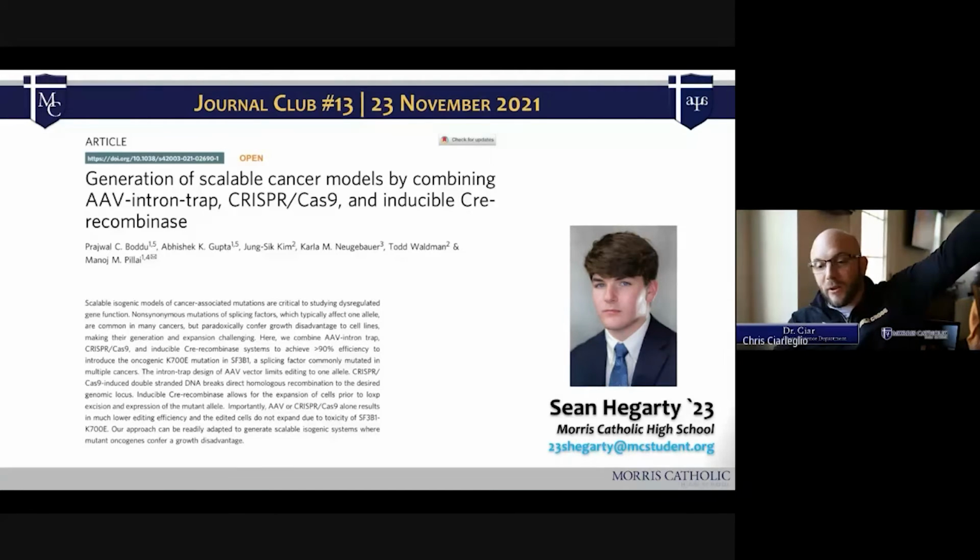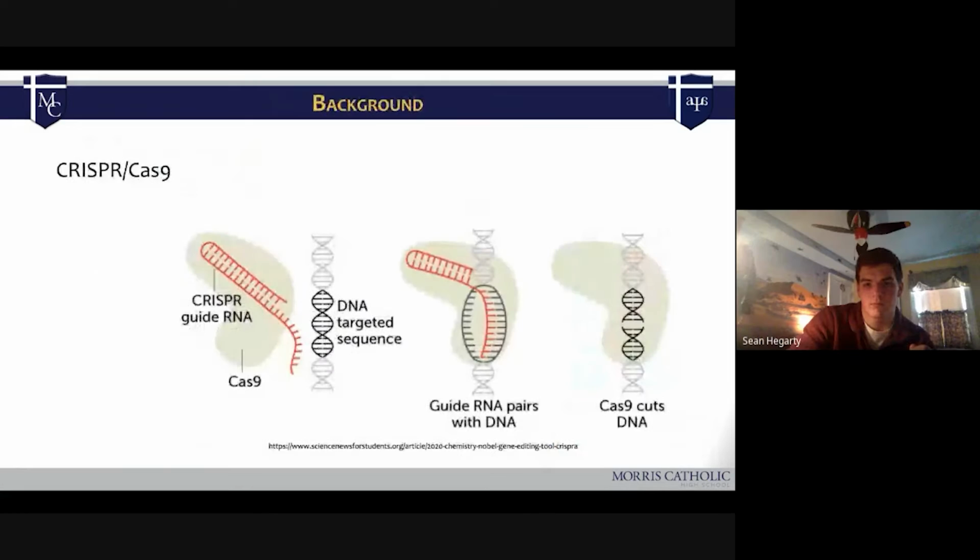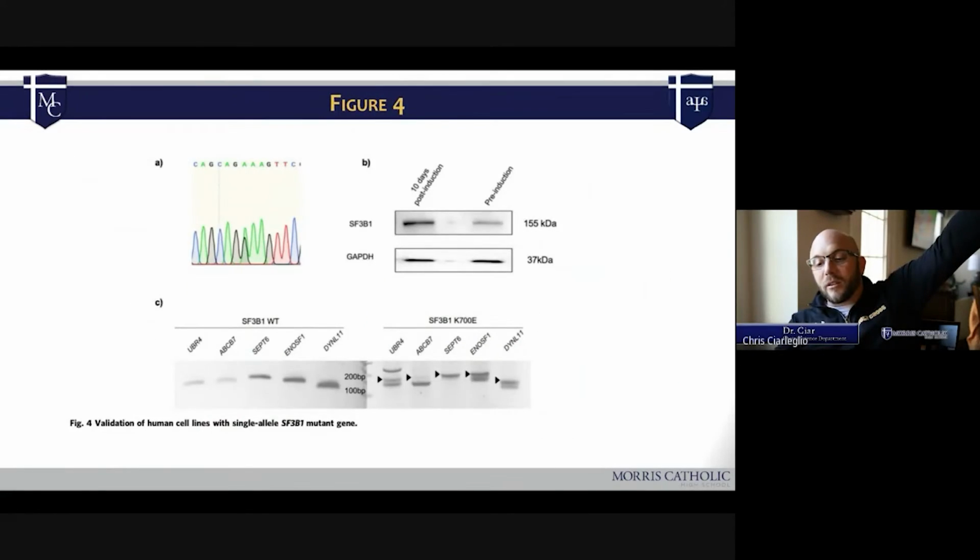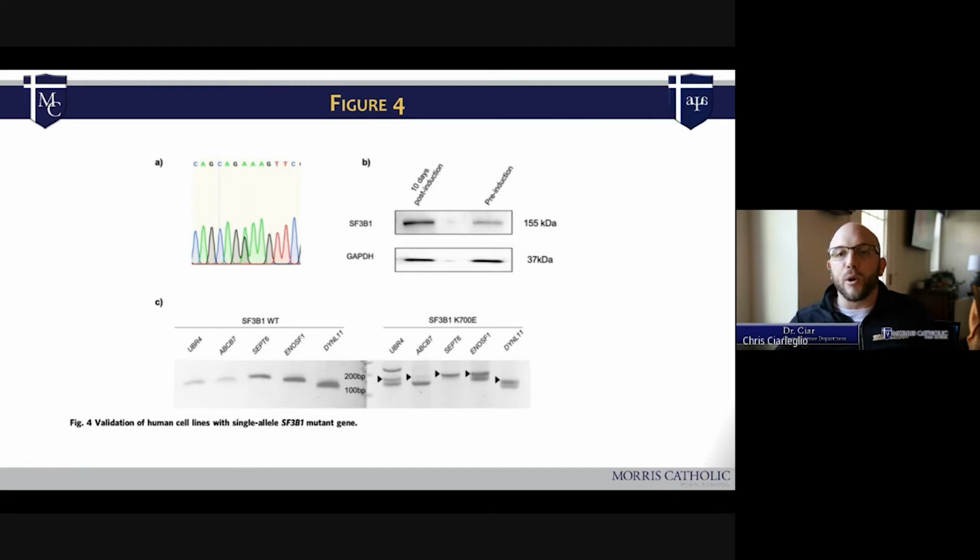So if you go now to figure 4, Sean, what they did was they looked at other genes in the area, other genes that were close to it that might also see an enhanced effect, and saw that it did produce an enhanced effect in protein. So this again is a Western blot, and it's showing that other proteins were also enhanced, not just the one that they targeted.